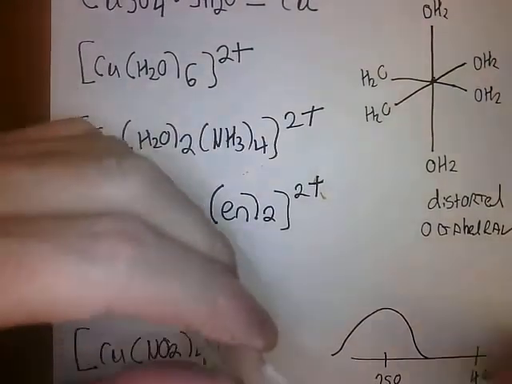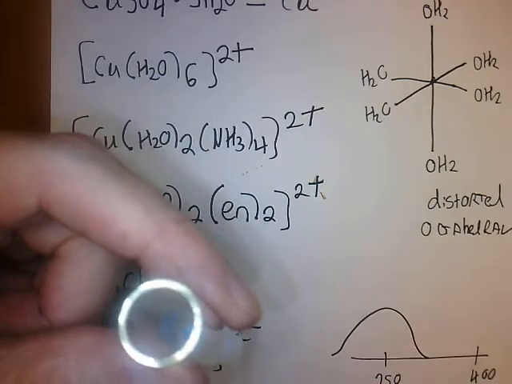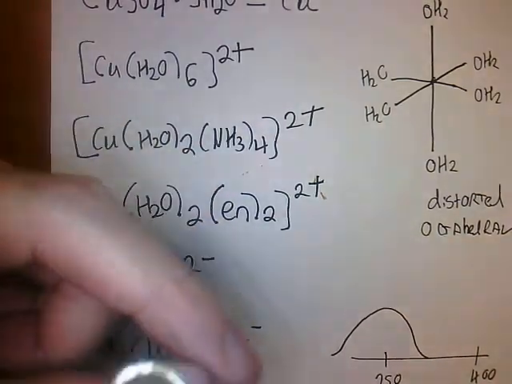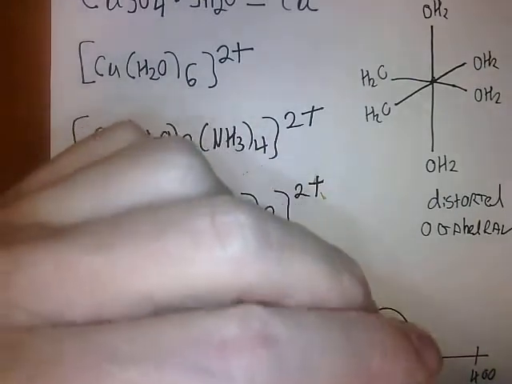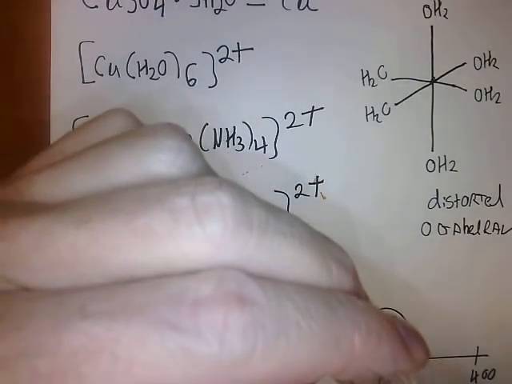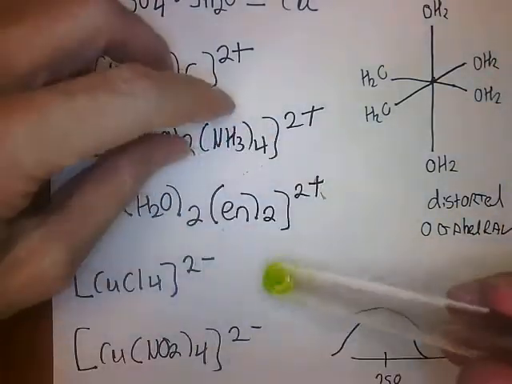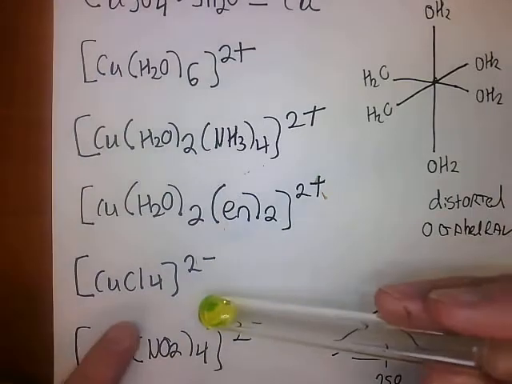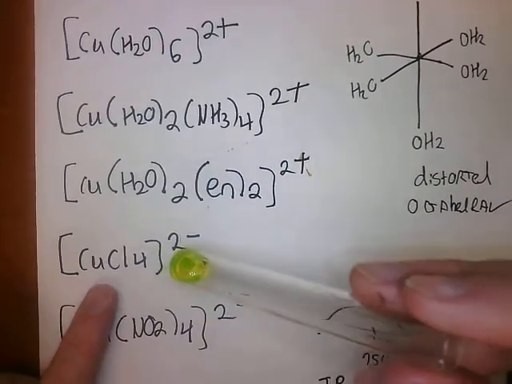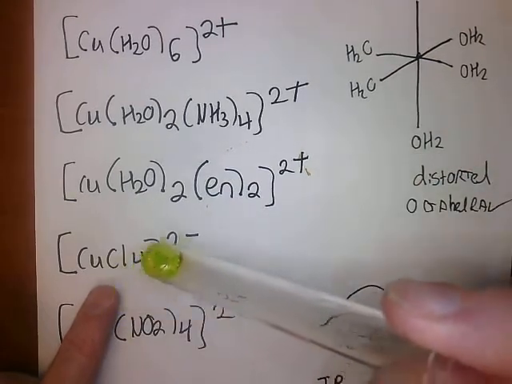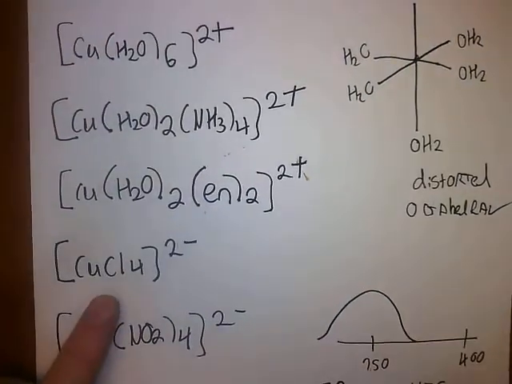To the fourth tube, we're going to add concentrated hydrochloric acid. And now you see it doing something different, definitely forming a yellowish colored solution. In this case it is the tetrachlorocuprate ion that's being produced.